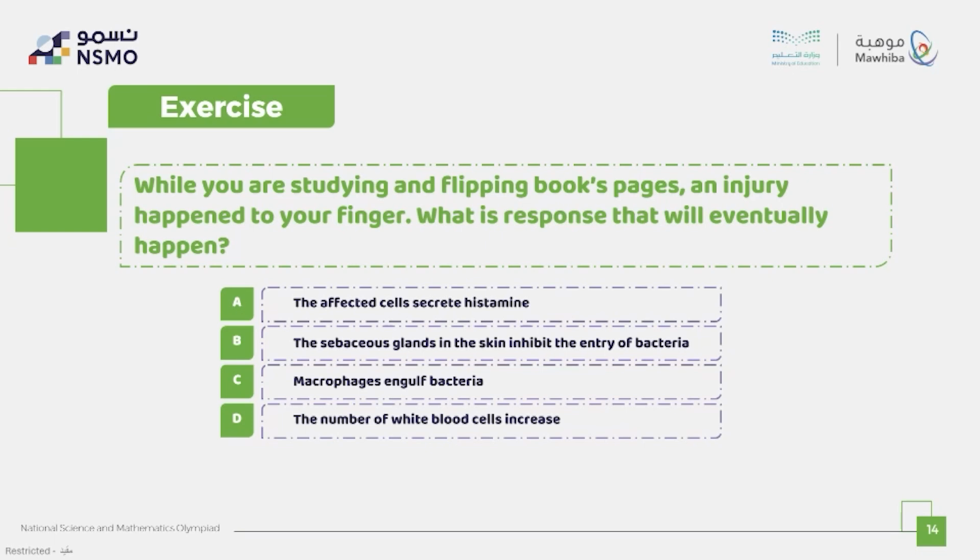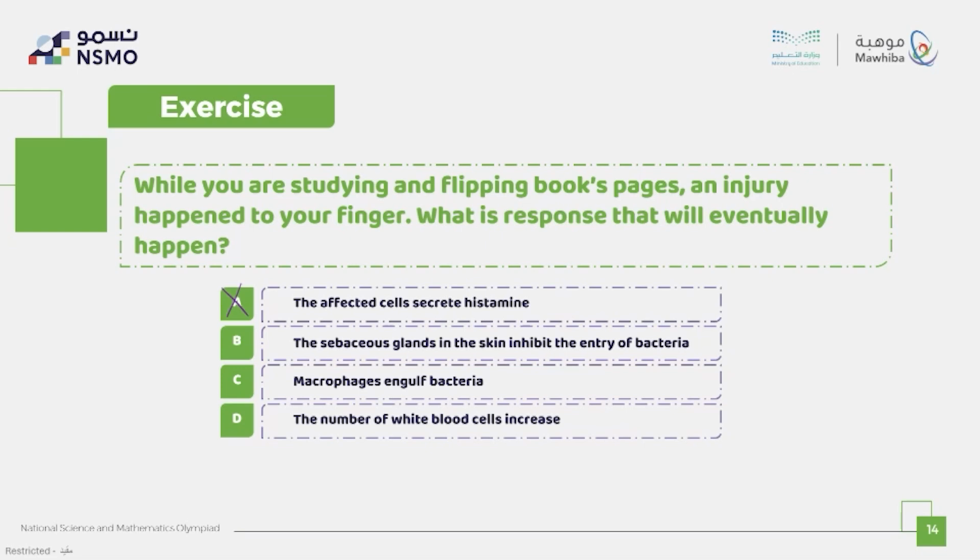Let's eliminate the options and analyze them also. Okay, the first one, the affected cells secrete histamine. Why is this one wrong, incorrect? Because histamine release happens, but it is an early response in inflammation, not the final eventual response. Because of that, this would be wrong.